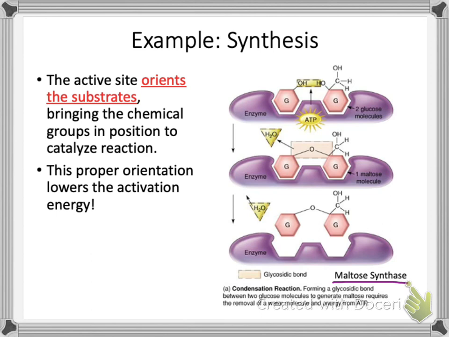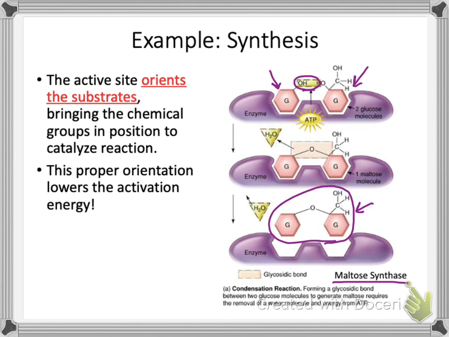Here you can see we have 2 separate glucoses, and in the process of dehydration synthesis, water is going to be removed, and as a result, we're going to get our product, which is our disaccharide maltose.